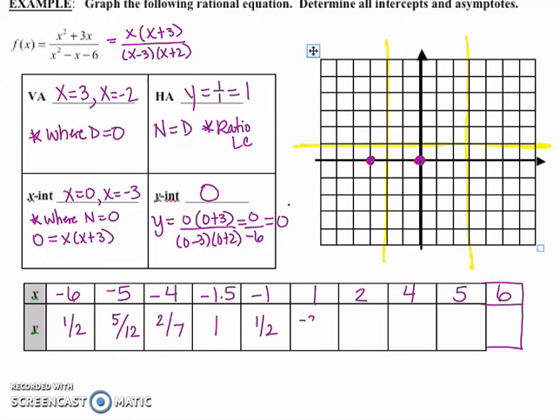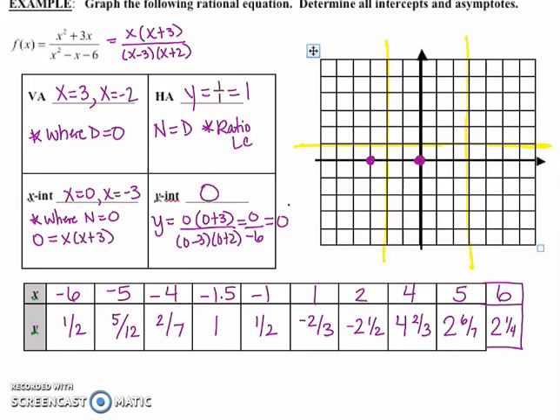At 1, negative 2/3. At 2, negative 2.5. At 4, positive 4 and 2/3. At 5, 2 6/7, and at 6, 2 1/4.